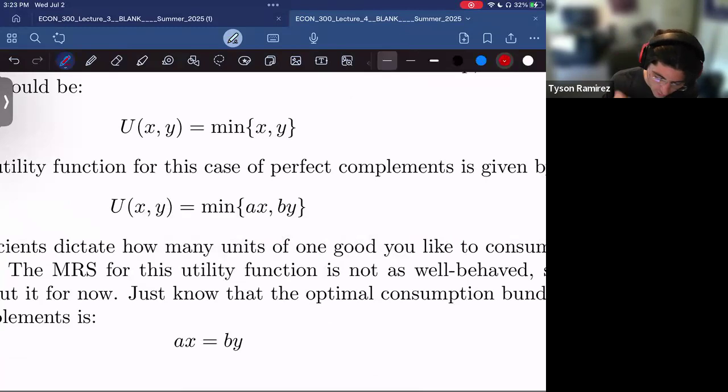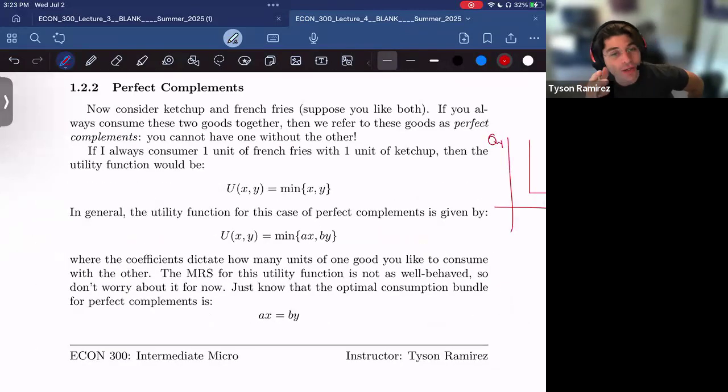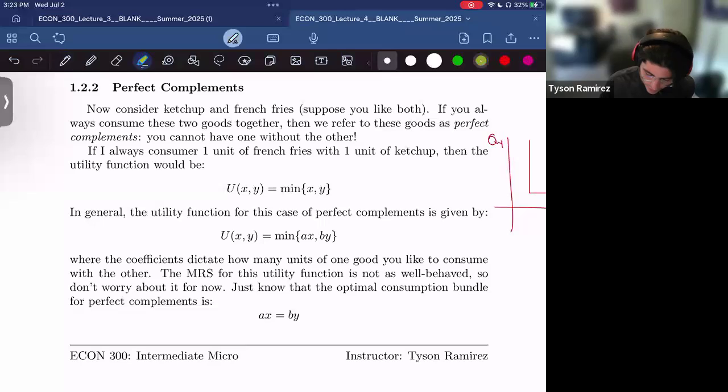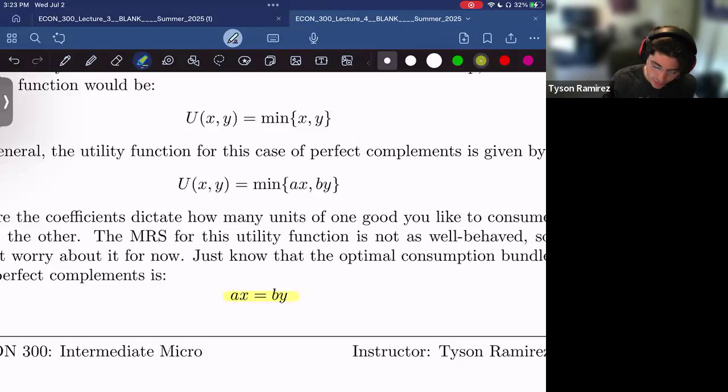So this is how we model perfect complements. Like I said, the MRS is not so well behaved, so we won't worry about it for right now. What I do want you guys to know is that the optimal consumption for perfect complements is you must consume them in ratios equivalent to what is given as the argument of this function.